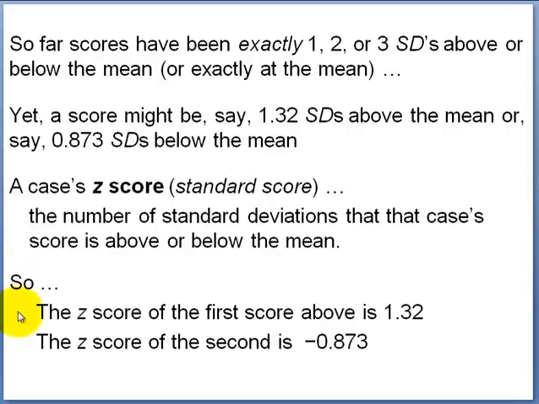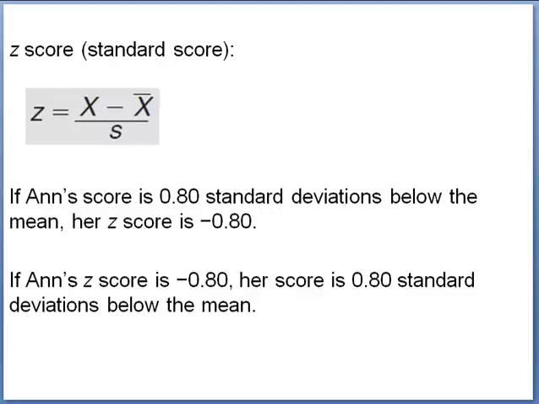So if, for instance, a case is 1.32 standard deviations above the mean, its z-score is 1.32. Or if a case is 0.873 standard deviations below the mean, its z-score is minus 0.873. So the z-score is the same thing as the number of standard deviations that a case is above or below the mean.